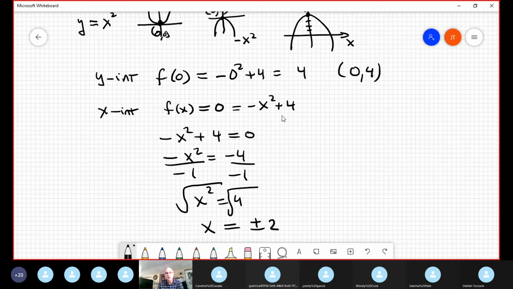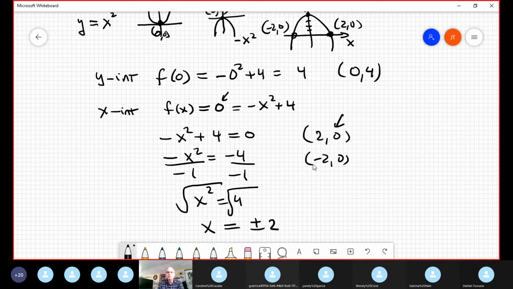Remember, when you take the square root, you have two solutions, plus or minus. So we have 2 points, the point 2, 0 and minus 2, 0, because the y is 0, look at that here, and the x values that I get are 2 and negative 2. By the way, that point is 2, 0, and that point is negative 2, 0.